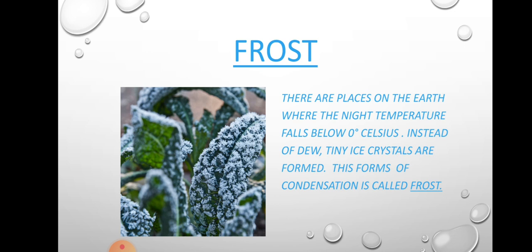In those places, these water droplets, like the dew drops, change into tiny ice crystals, and these ice crystals are known as frost. So what is frost? The places on the earth's surface where the temperature is below 0 degrees Celsius, instead of dew drops, here tiny ice crystals are formed. This form of condensation is called frost.